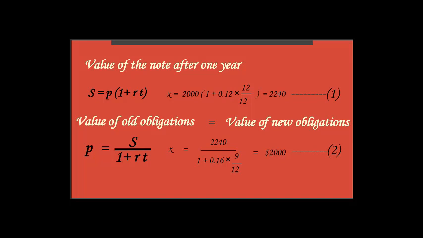The value of the note after 1 year is S equal B times 1 plus RT. The maturity value of this note is 2,000 times 1 plus 12% times 1, equal 2,240.